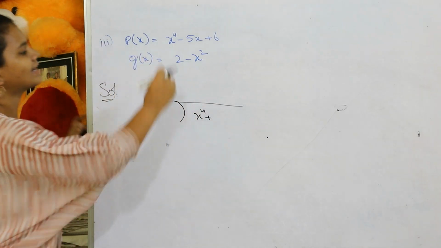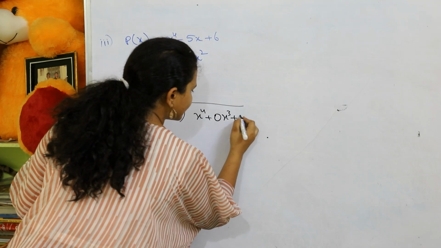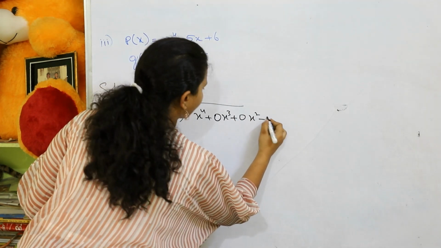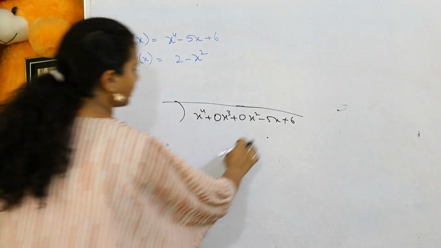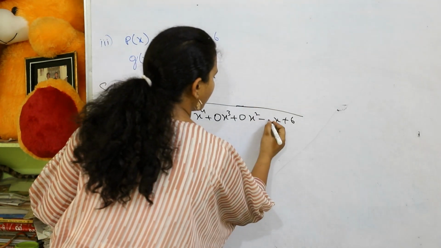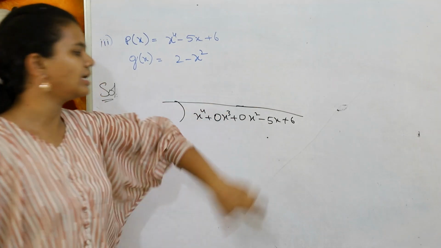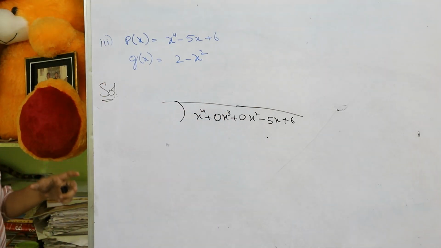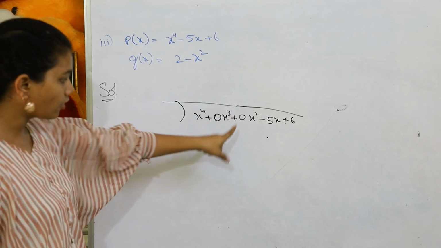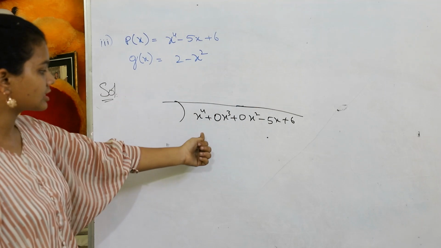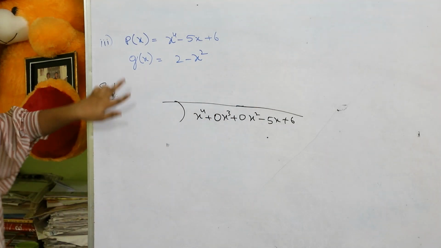Instead of going directly to 5x, if we write 0x cube plus 0x square minus 5x plus 6, then it would be very easy, we can solve very easily. If we write the missed values, then it will be very easy to solve the given question. So x power 4, 0x cube plus 0x square minus 5x plus 6 is the dividend that we found.